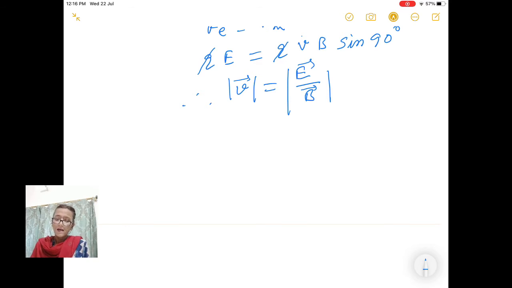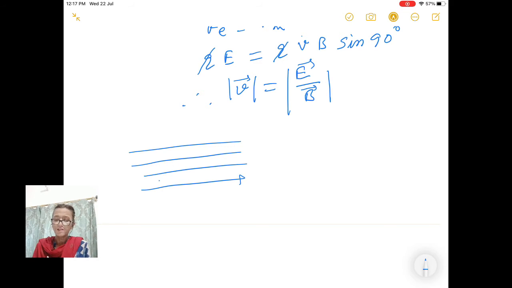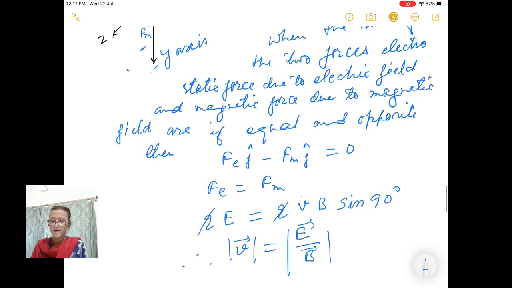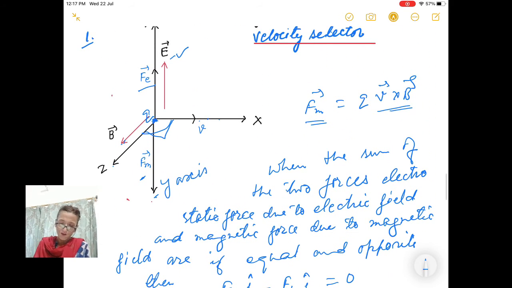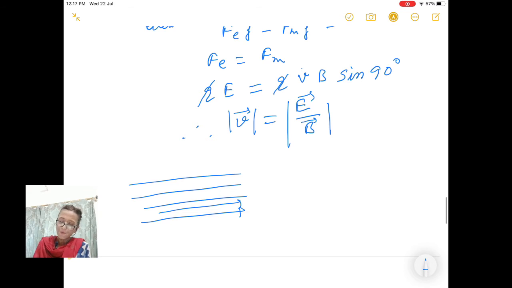And if you take a beam of charged particles, you have several charged particles, not a single one, going with different speeds in any such kind of cross field. Then what happens? All those charges with this velocity, which has ratio E by B, will be acted upon by zero force.